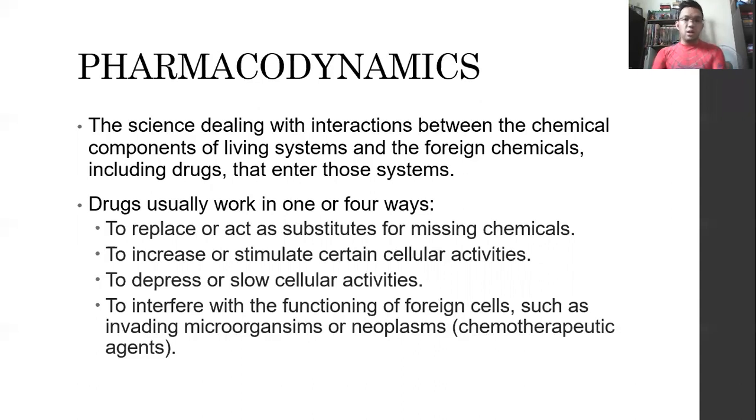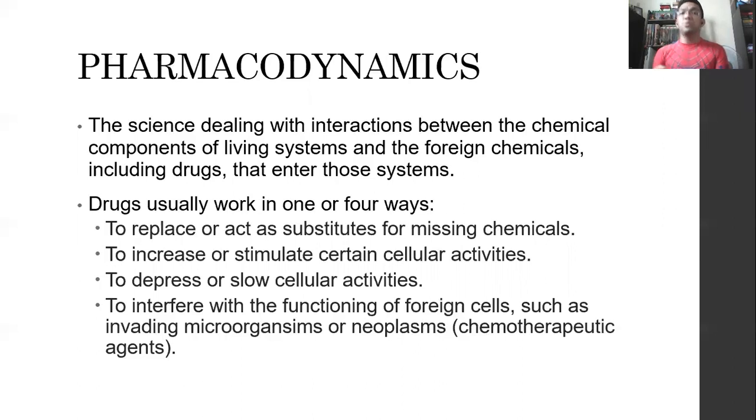The first one is to replace or act as substitutes for missing chemicals. Let's say, for example, a patient is suffering from diabetes mellitus type 1. And for diabetes mellitus type 1, we all know that their pancreas is no longer functional.